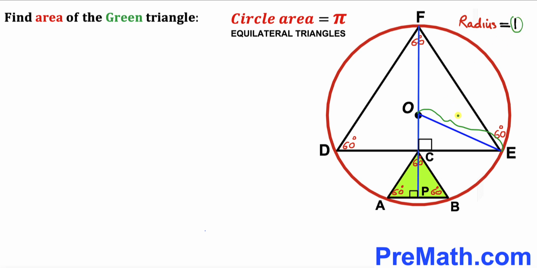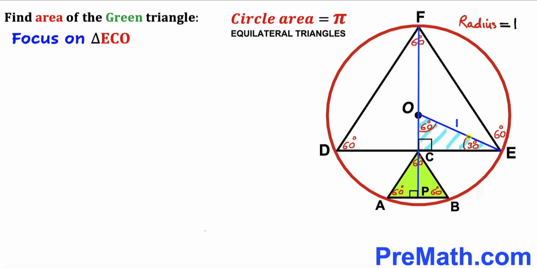So this OE length is going to be 1. Furthermore, this OE is the angle bisector of this whole angle. So that means this angle is going to be 30 degrees and this angle is going to be 30 degrees as well.